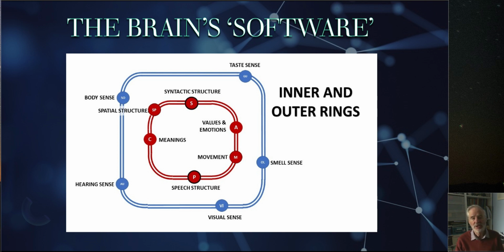And as you see, it has two lines or two rings, a blue ring on the outside and a red ring on the inside. And the blue ring contains 5 systems which, broadly speaking, reflect the 5 senses, and it's the closest our mind has with the outside world. The outside world comes to us as streams of raw data, right?